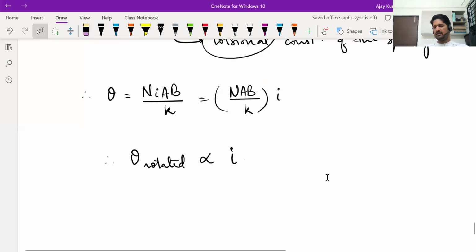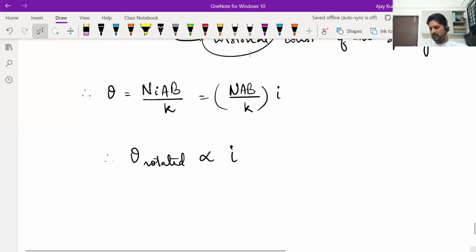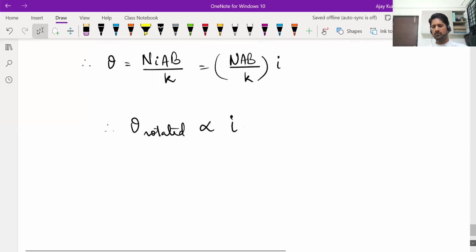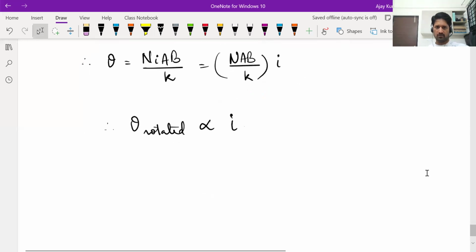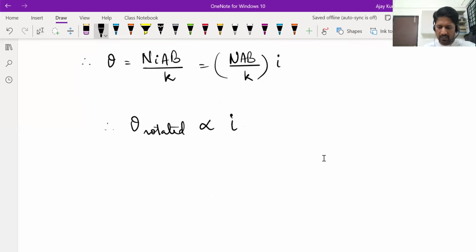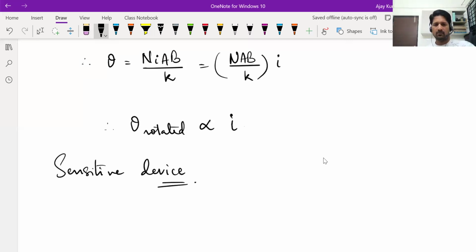Now, a galvanometer is a device used to detect very, very small currents also. So basically what a galvanometer is expected to do is show significant deflection even when a very small current passes through it. So we want a galvanometer to be a very sensitive device. Even for small currents, it should show significant deflection or rotation.